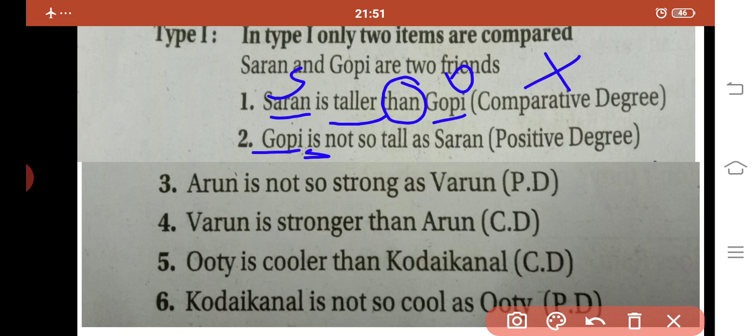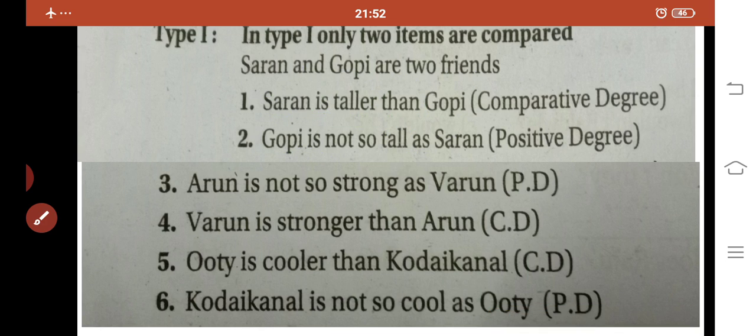If the sentence is affirmative, we need to add not in positive form. The taller becomes tall. Here we use so as or as. Then we bring the subject to the end of the sentence. Saran is taller than Gopi becomes Gopi is not so tall as Saran.